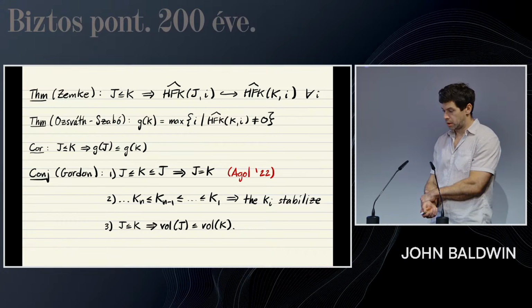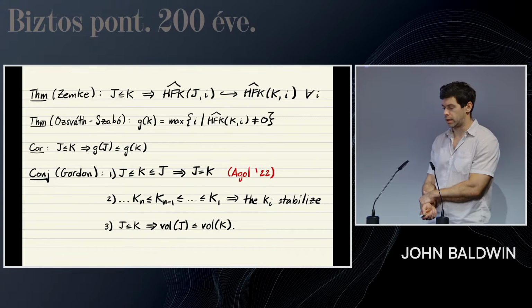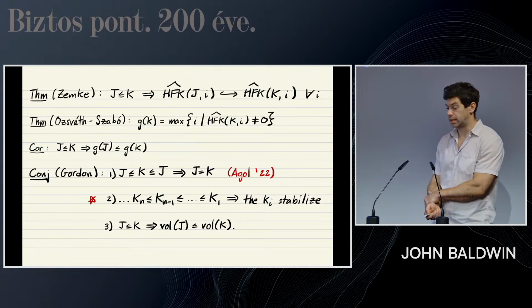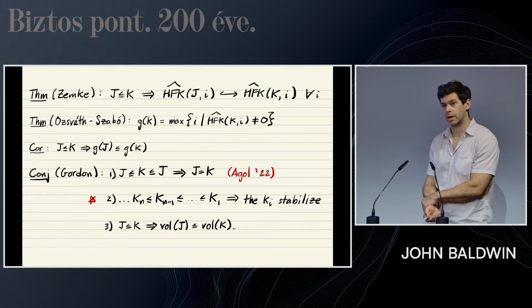Okay, so the conjecture that motivated the work I'll talk about today is the second one. All right, so that's what I'll focus on for today. You can't have an infinitely descending chain of ribbon concordant knots.